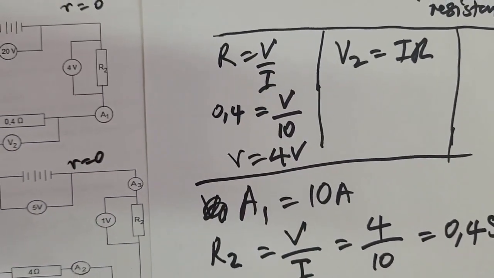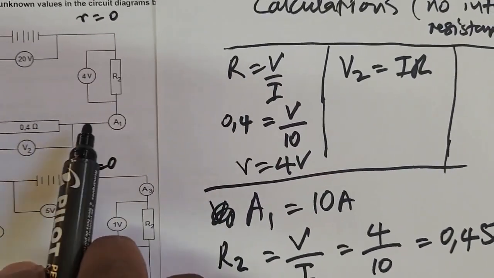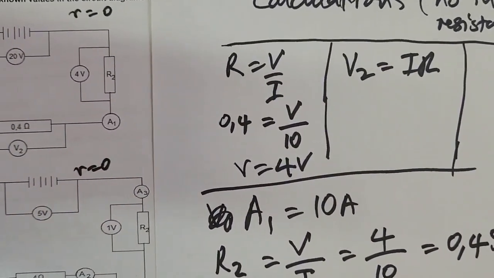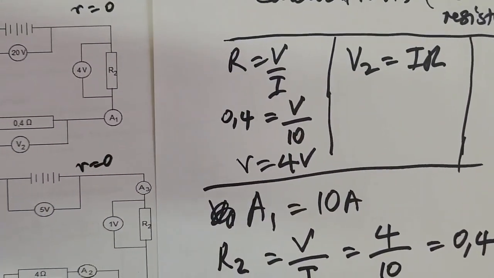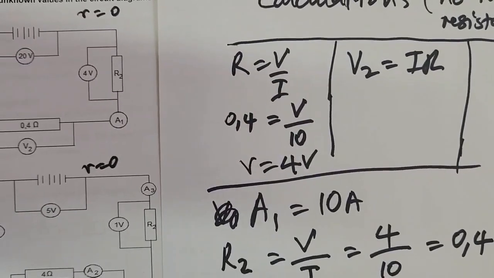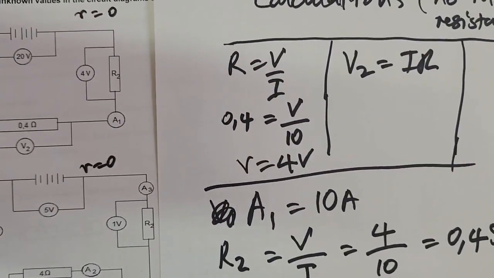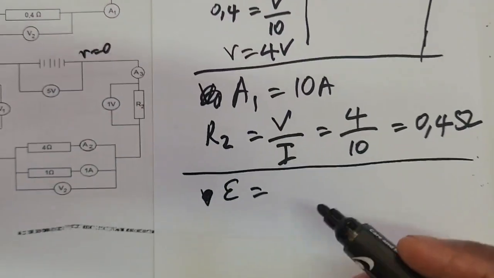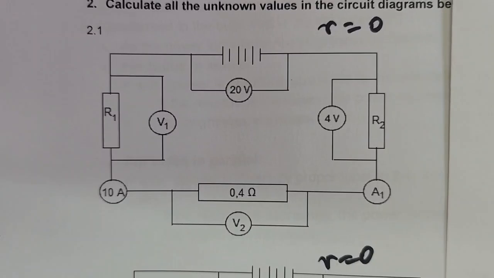Fine, let's go to R1 now. According to this one, how do we find R1? We must know V1. So what will be V1 now? According to this one, we know that the EMF will be the same as the EMF in this circuit, which is 20.